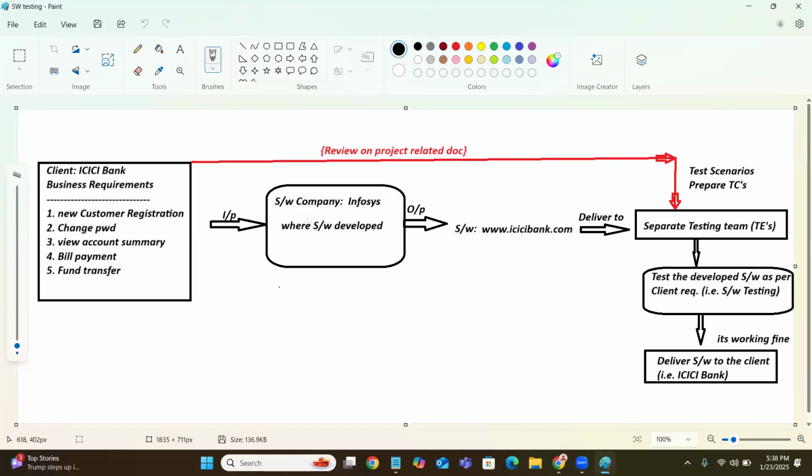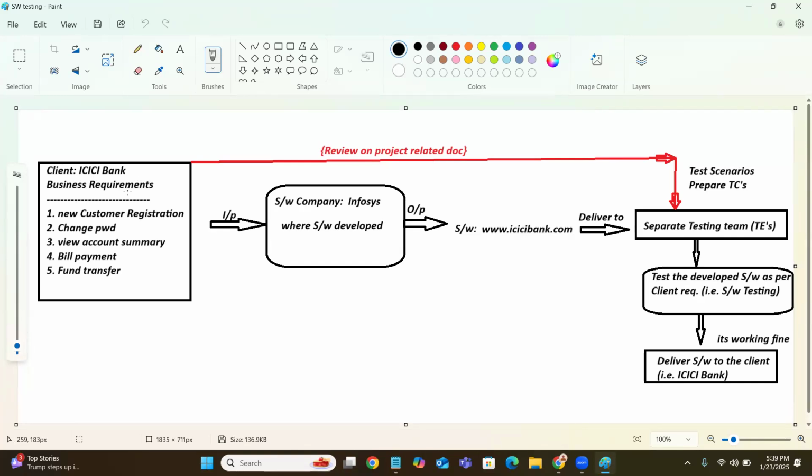Generally, in a software company, assume Infosys, where software is developed, to develop the software they need user requirements or client requirements. So the client is ICICI Bank. What type of transactions they want to do in the application, that information this company has to know. They have to provide it to the software company.